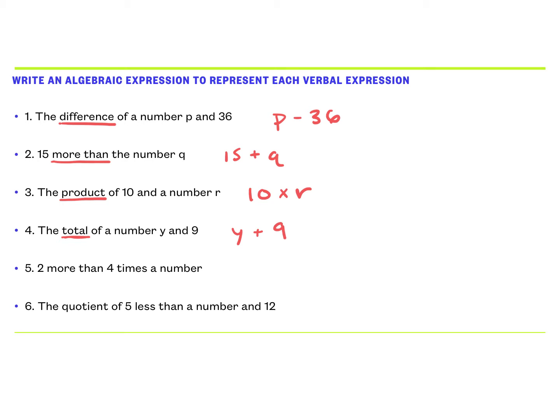2 more than 4 times a number. So what does more than mean? Plus. And what's times? Multiply. So we have 4 times the number, so 4 times n. So we could say 4n. And then 2 more than that, so 4n plus 2.